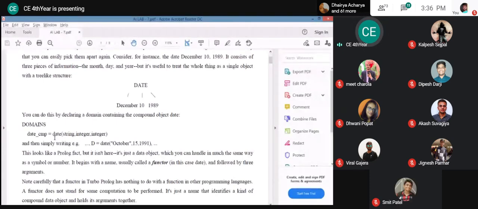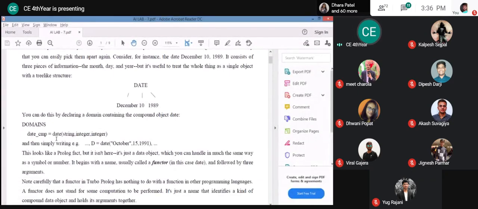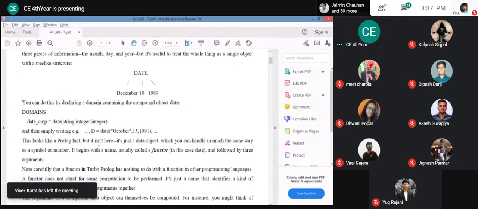It always begins with a name, usually called the functor. In this case, date is a functor and it is followed by three arguments. This is an example of a compound object. Instead of writing month, day, and year individually, you treat the whole thing as a single object, like a tree-like structure, right? This is the concept of a compound object. In this way, you can define it.